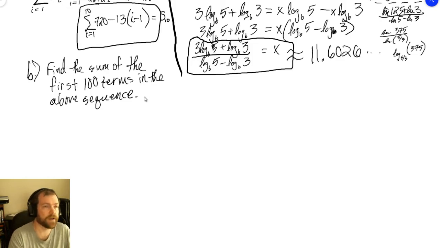So if you had this thing starting from 720 and counting down 13 every time, we've only got the first 10 that were listed up top. I want the first 100, and now sum them all up.